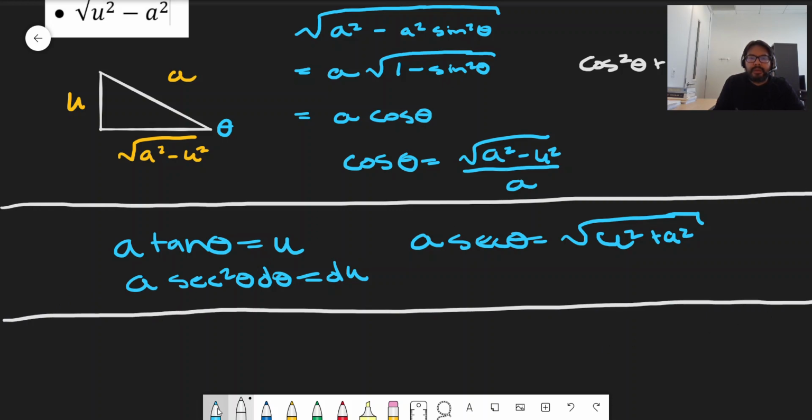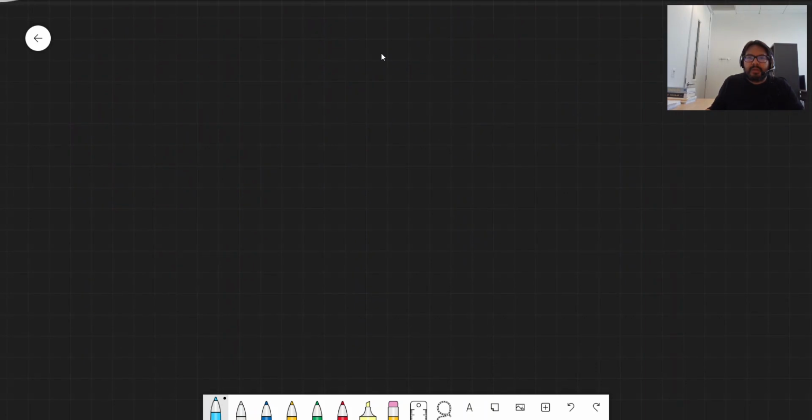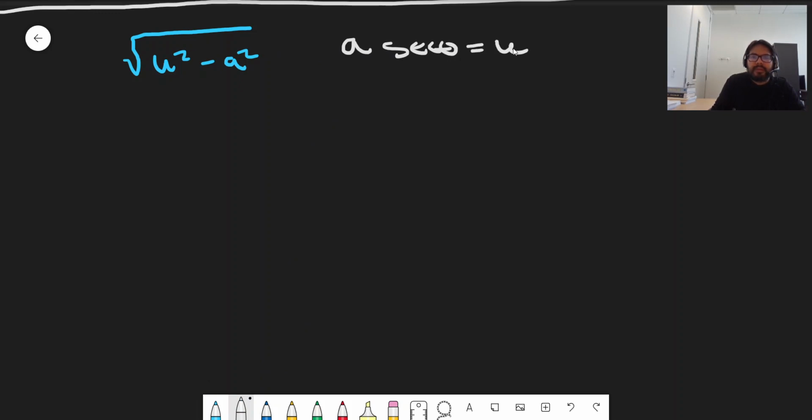Now, looking at the last case where you have the difference of the two squares, we have the square root of a squared minus u squared. Actually, it's the other way around, isn't it? Okay, so that's going to be u squared minus a squared. So by definition, we have to say that a is equal to secant of theta, and that's equal to u.